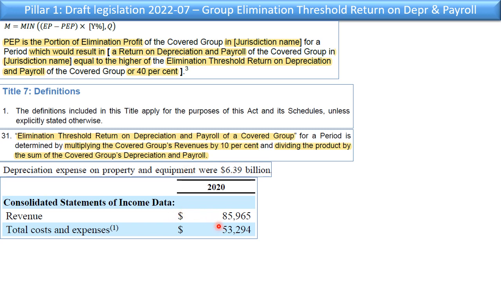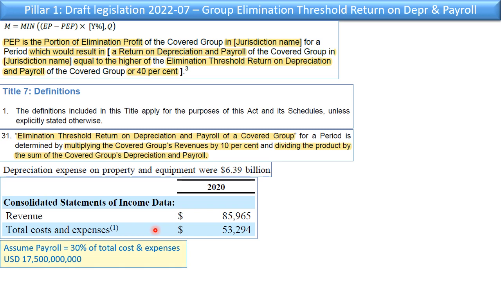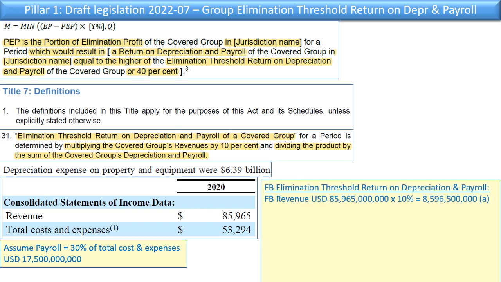They do give us revenue, and then they give us costs and expenses, which include payroll and everything else, R&D, etc. And I will simply assume that payroll is 30% of the total costs and expenses, which is quite general for companies to have around 30%, sometimes 40% of their OPEX or of their turnover being personnel costs.